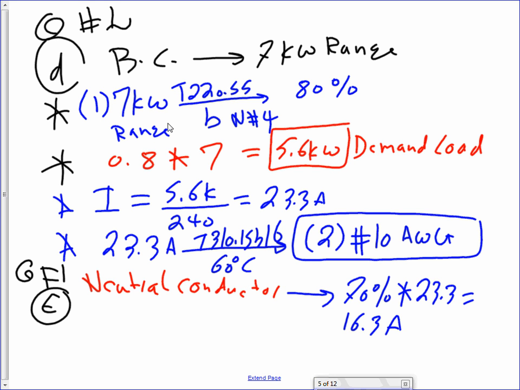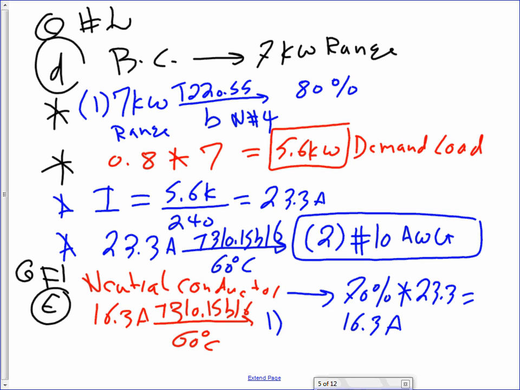Okay, so then what conductor size do I need? Let's take this one, the 16.3 amps. Can we take it, guys, to the same table? Table 310.15(B)(16), 60 degree column, 60 degree Celsius. What size conductor?